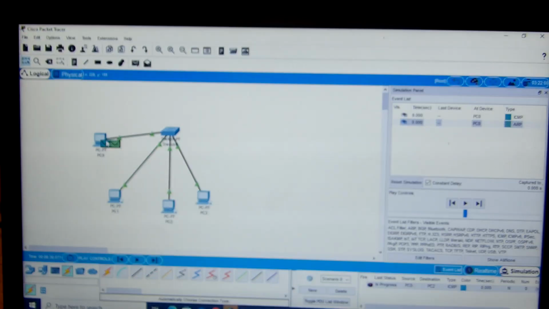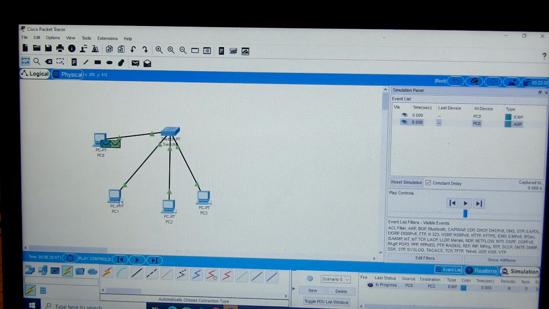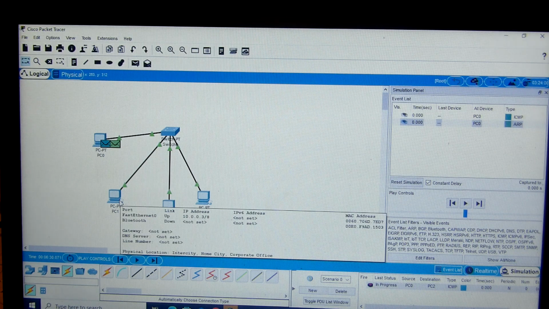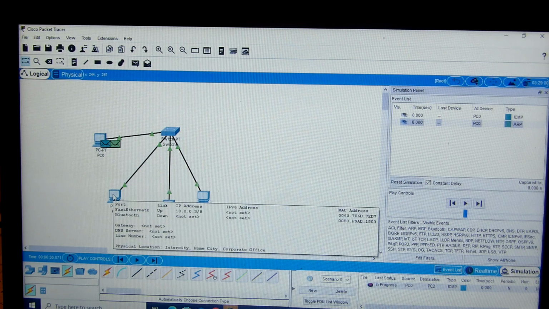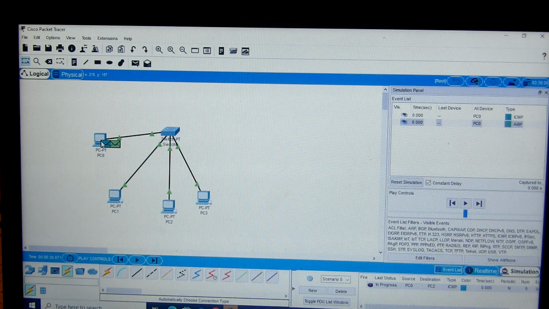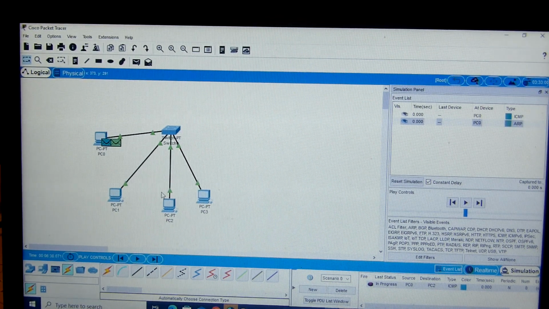When this is the IP address, this one responds, saying this is my IP address. They have a MAC address, so they can communicate with each other. They have to have a MAC address and an IP address.